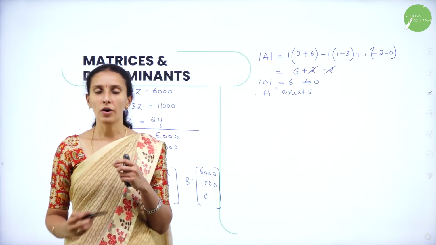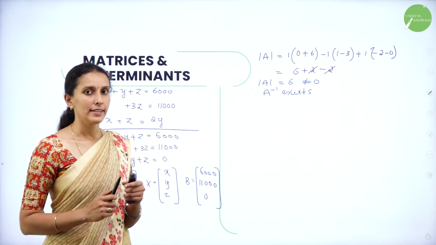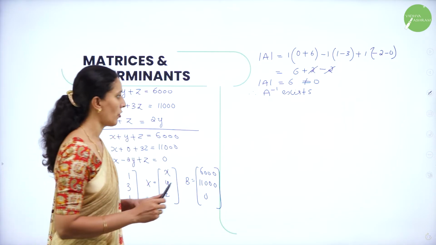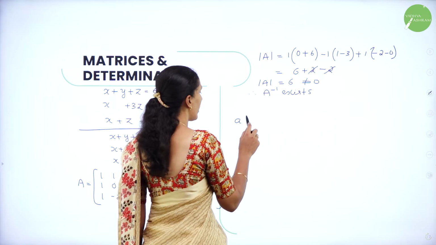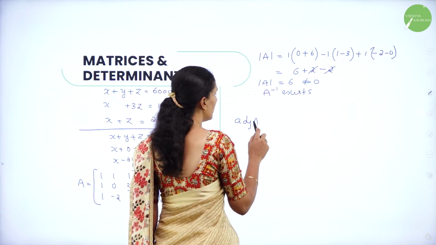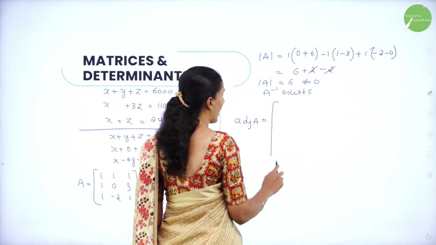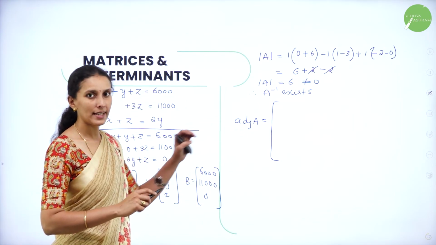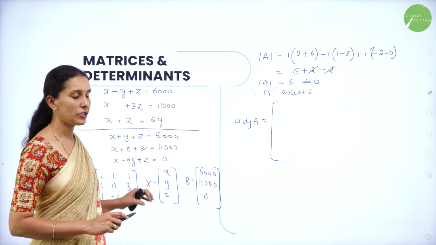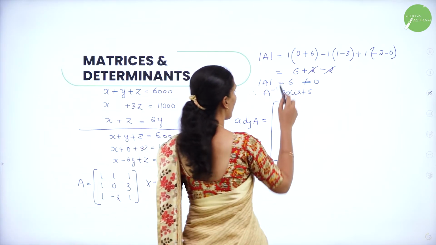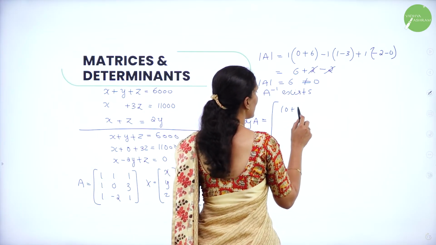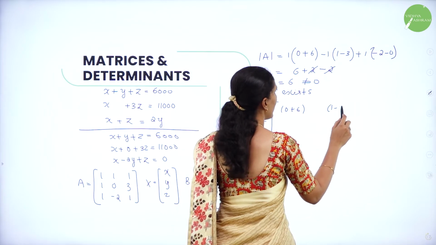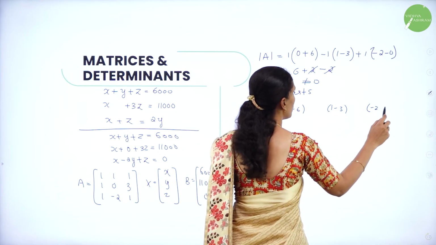So once you have found that A inverse exists, the next step is we need to find the adjoint of A. So what is the adjoint of A? Adjoint A is the transpose of the cofactor matrix. How will you write the cofactors? With the sign, taking the minors of each element. So for the first three, we have already written 0 plus 6, 1 minus 3, minus 2 minus 0.